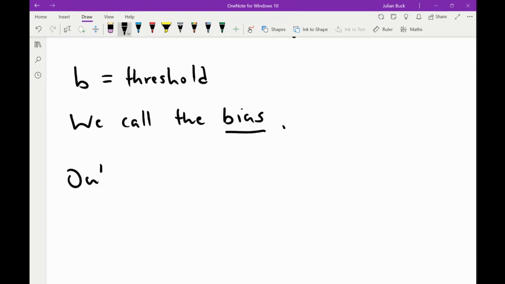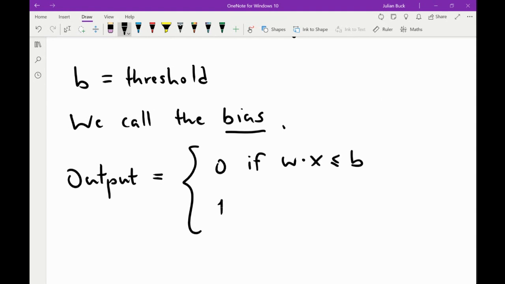The output that we've been looking at in our example is given notationally as follows. All we've done here is made it a little easier, so we don't have to write the summation notation every time. It's going to output a 0 if w dot x is less than or equal to b, and it's going to output a 1 if w dot x is greater than b.